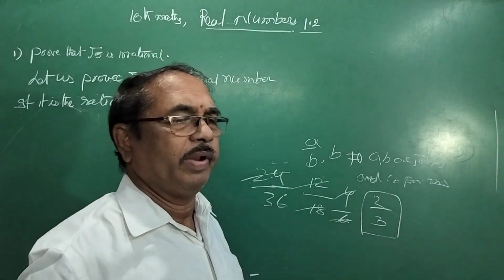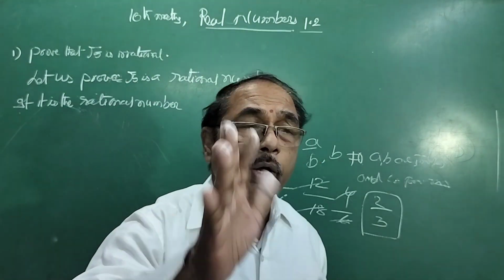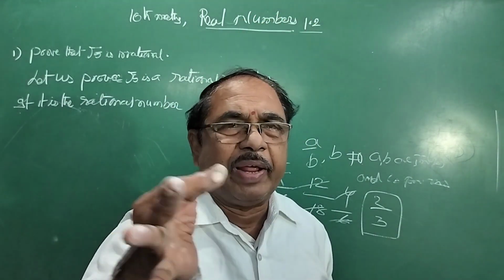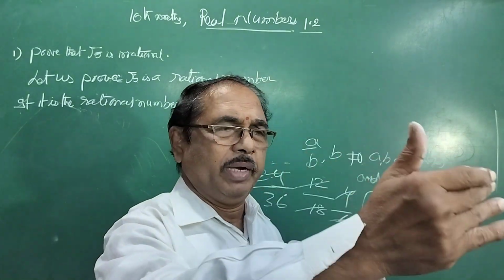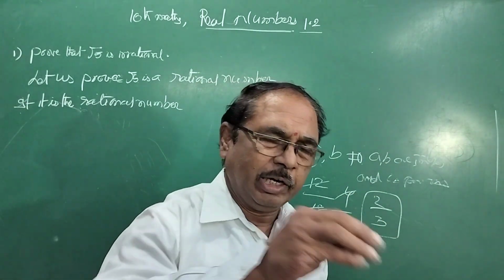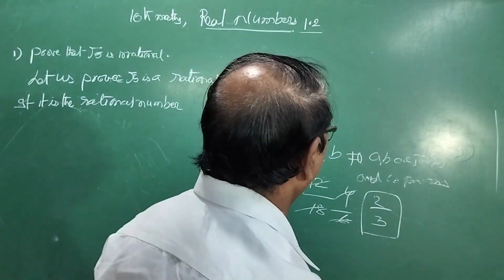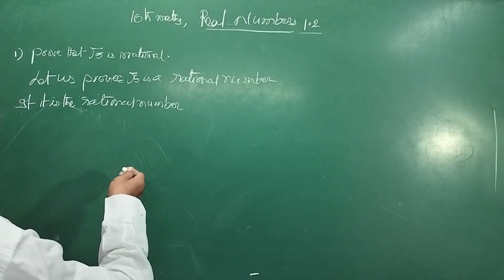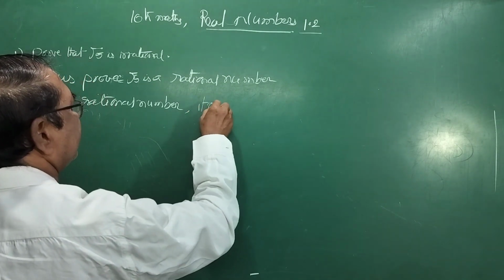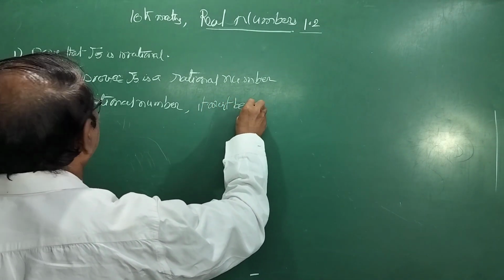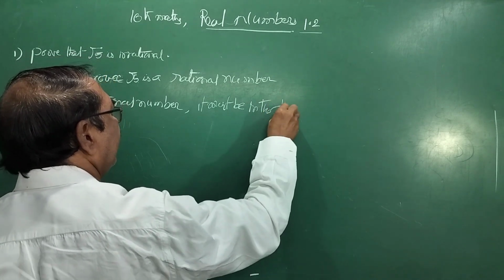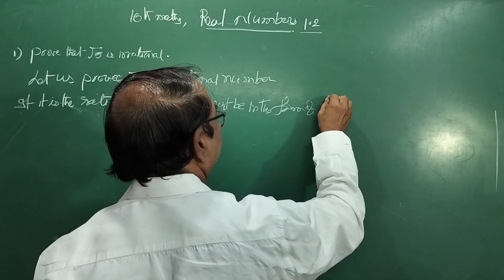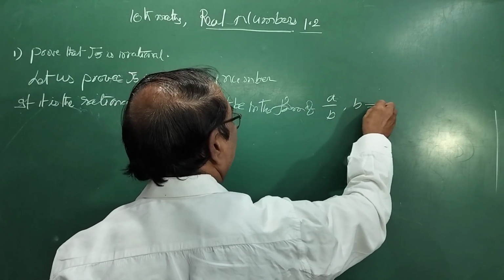So every fraction can be written with co-primes. That means in every simplest fraction, the numerator and denominator are co-primes: no common factor is there. That is, if it is a rational number, it must be in the form a by b, b does not equal 0.